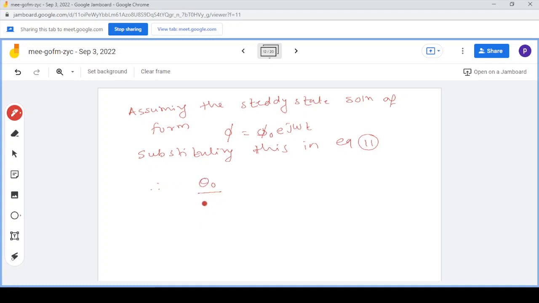The modulus of phi 0 by theta 0 is equals to r by L into n0 square minus omega square, divided by L plus r divided by L into omega square. Let us call this expression 13.